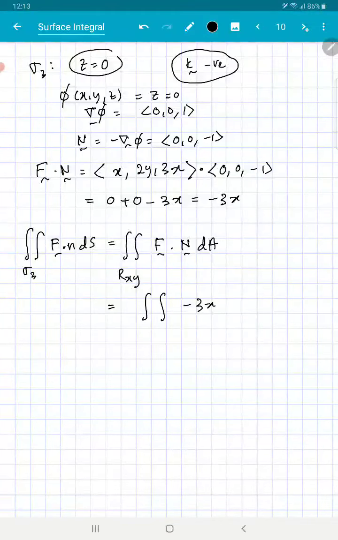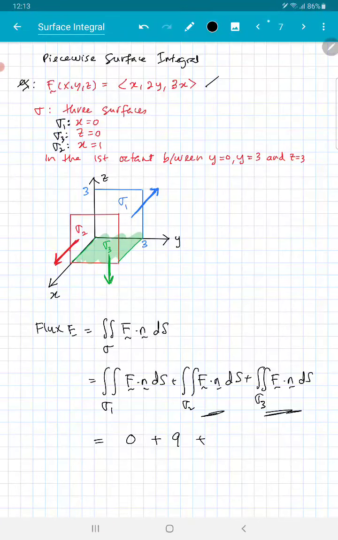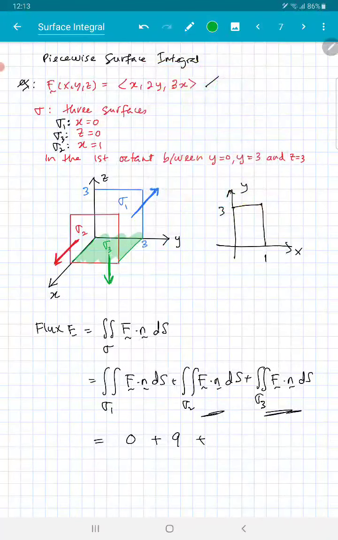Now looking at your surface sigma 3, when we project this, well, it is already on the xy plane. When we project this onto the xy plane, we get a rectangle where x is from 0 to 1 and y is from 0 to 3. So that would be the projection of your sigma 3 onto the xy plane.